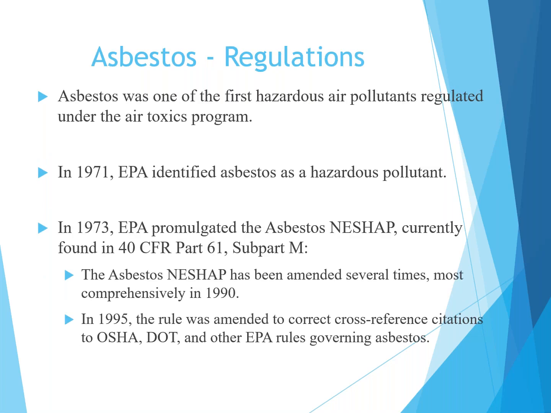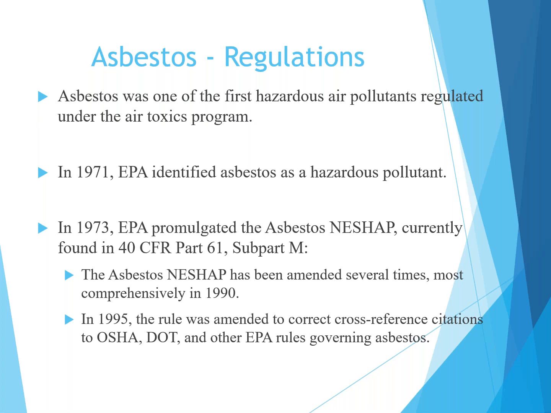All right, getting into the regulations here. Asbestos is one of the first hazardous air pollutants regulated under the air toxics program because, again, it's been known to be an issue for quite some time. In 1971, EPA first identified asbestos as a hazardous pollutant.